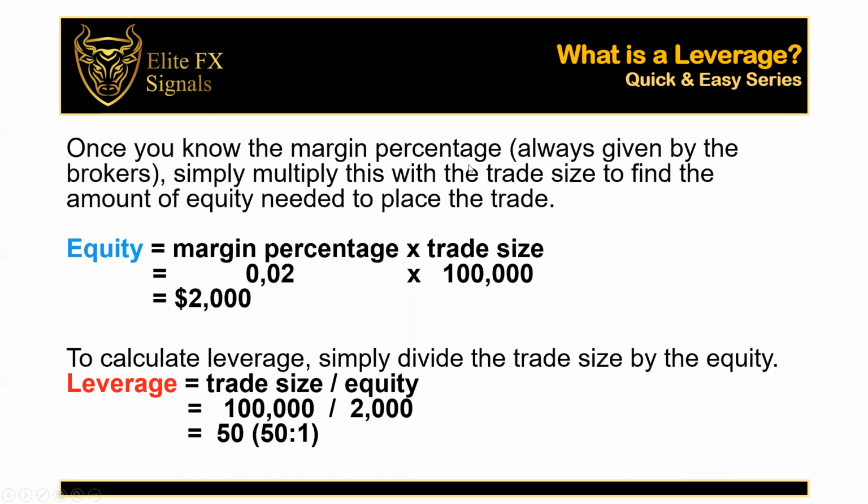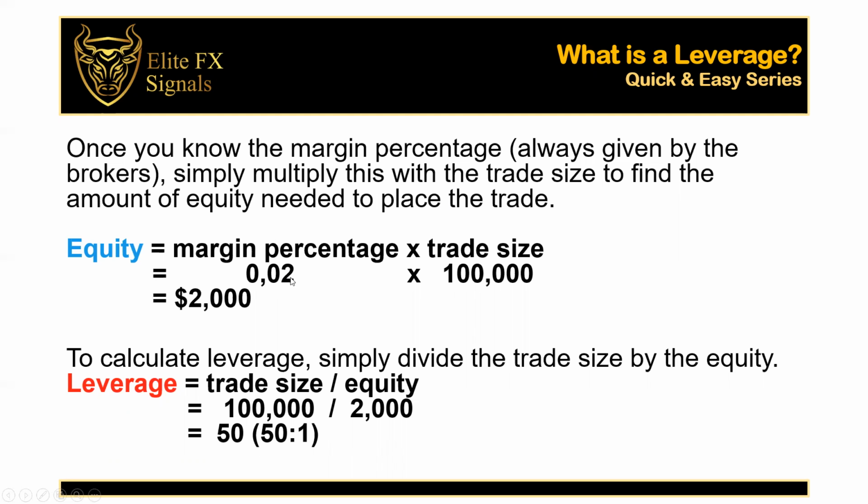So once you know the margin percentage, which is a number, a percentage given to you by your broker, you just multiply this with the trade size and you find the amount of the equity in your account that is needed for you to open that position.